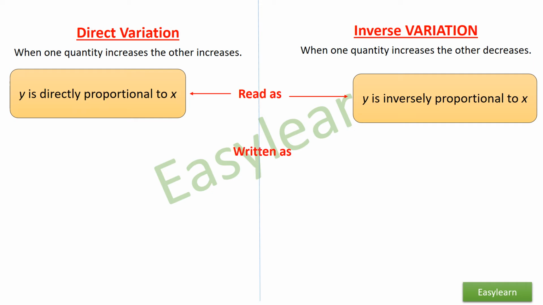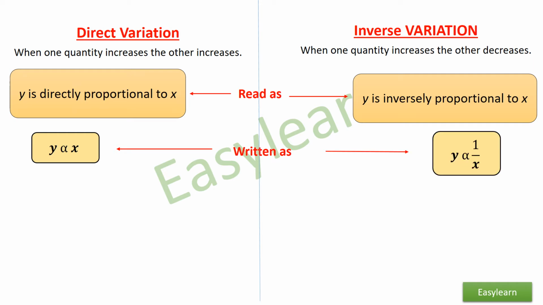Then how do you write it? Direct variation is written as y is directly proportional to x, with the proportionality sign. And inverse variation is written as y is proportional to 1 upon x. Then what is the equation of variation?